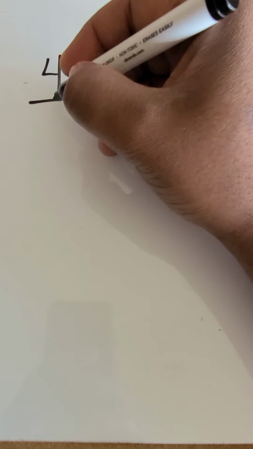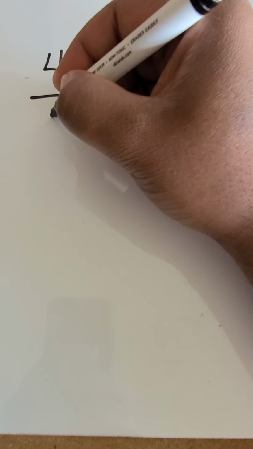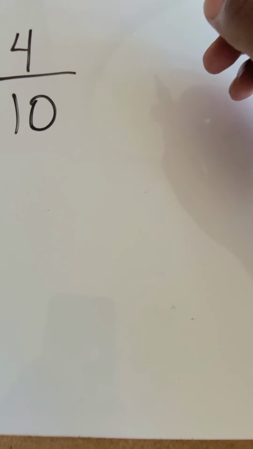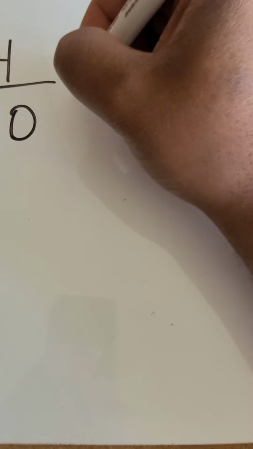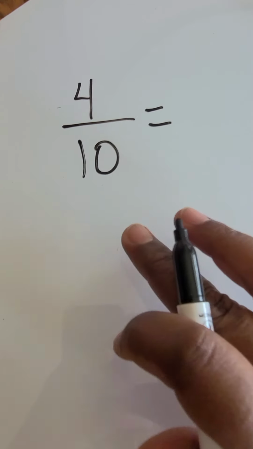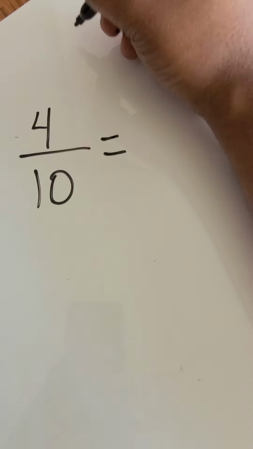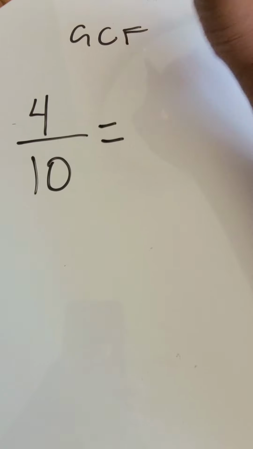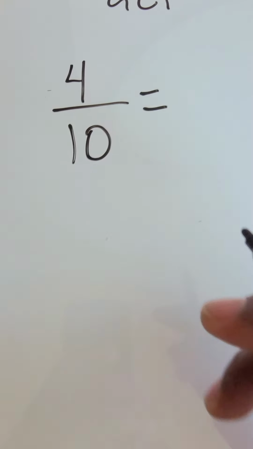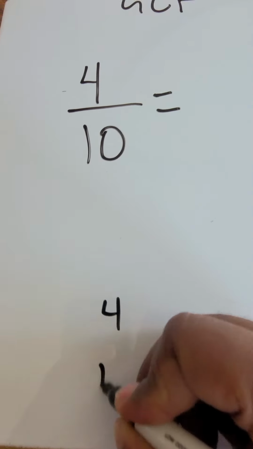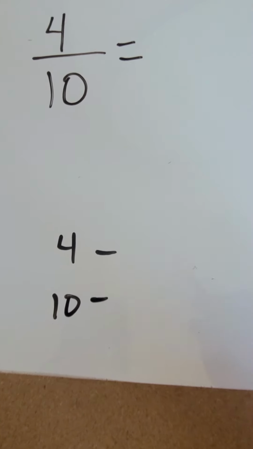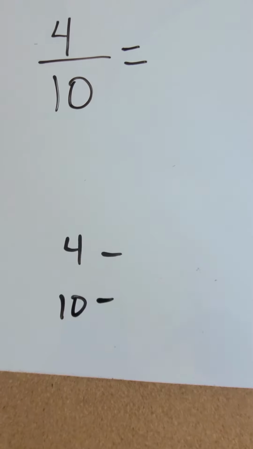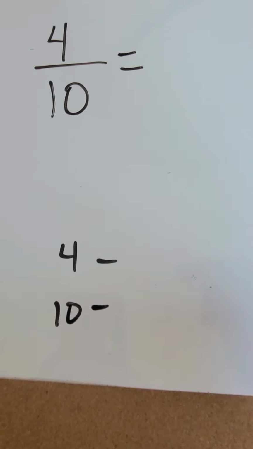Okay, so for this example, let's use 4 over, let's say, 10. Okay, let's reduce this. So now we want to get the GCF again for the numerator and denominator. So we have 4 and 10. And please feel free, I mean, this is simple math. If you want to do this in your head, by all means.